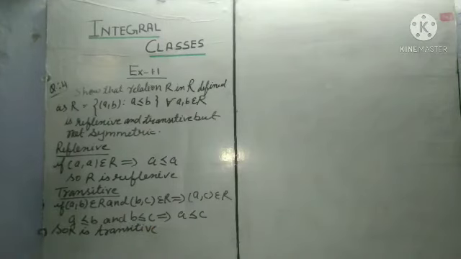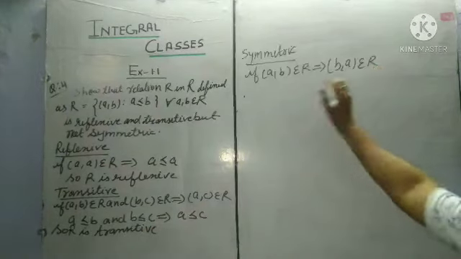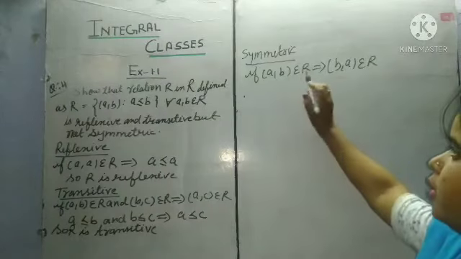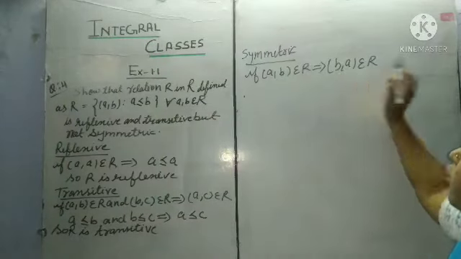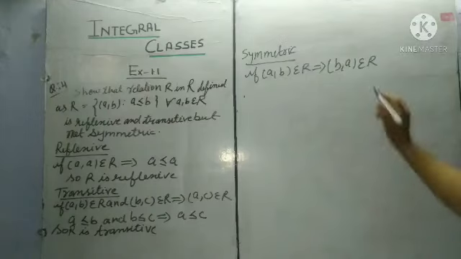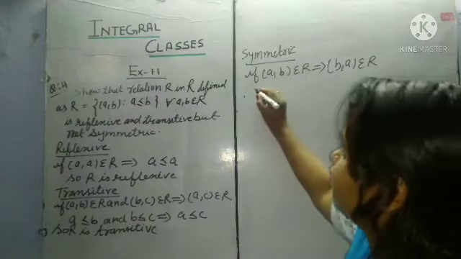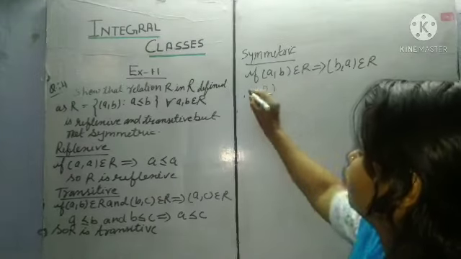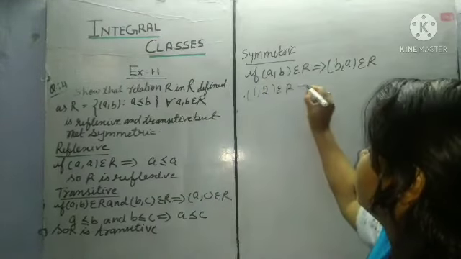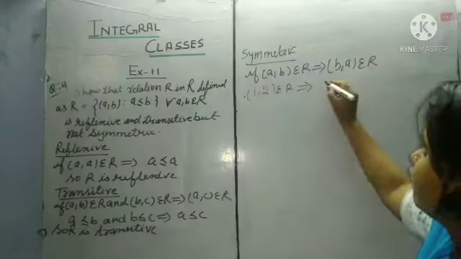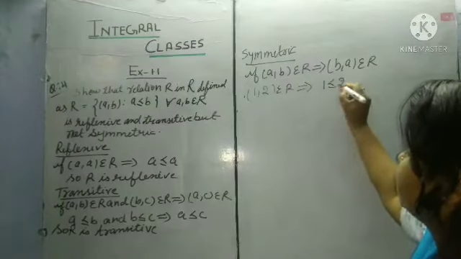So R is transitive. For symmetric, if (a, b) belongs to R, then it should be that (b, a) also belongs to R. Now we take an example: (1, 2) belongs to R, which implies that 1 is less than or equal to 2.